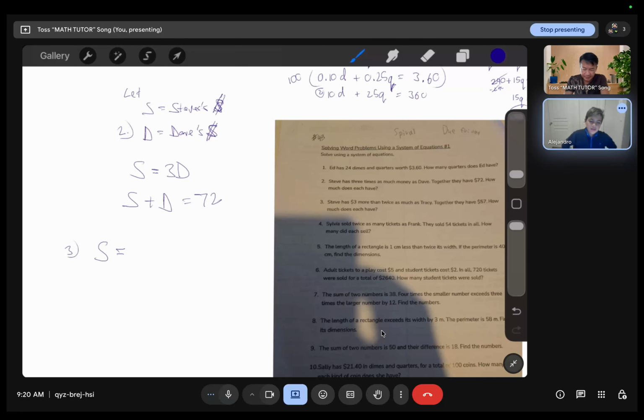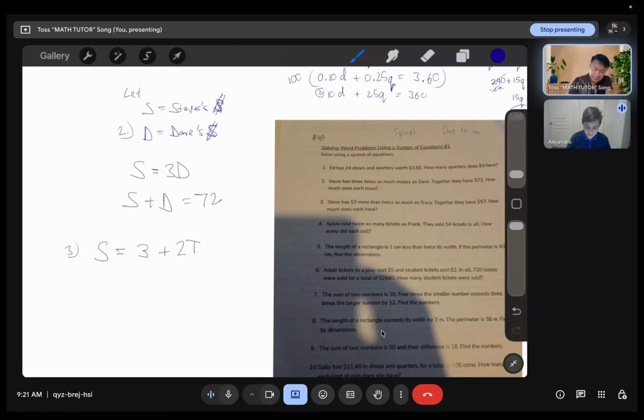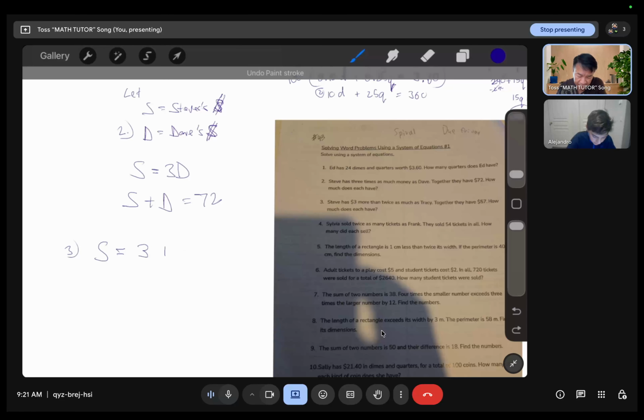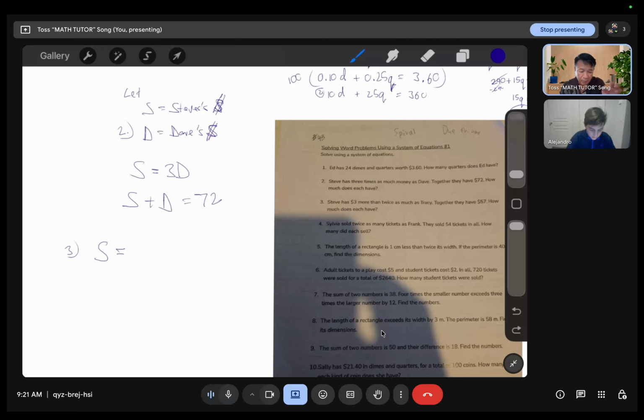What do you think? Would it be 3 plus 2T? Yes, it is. That's correct, that's perfect. You could just keep it like that. I recommend that if they have something more than or less than, especially less than, you write it behind, like 3 less, you put -3.